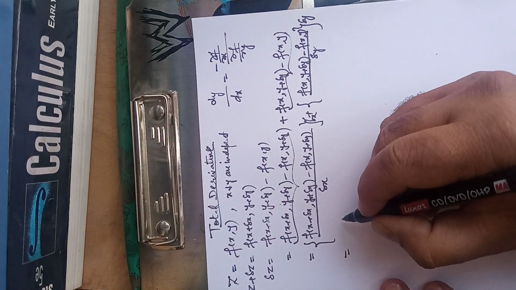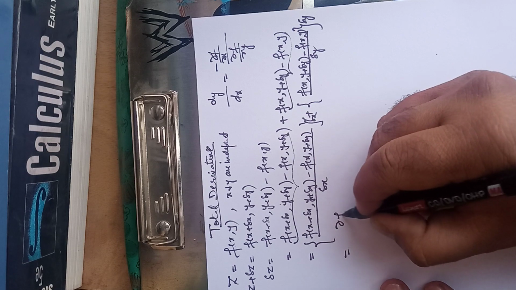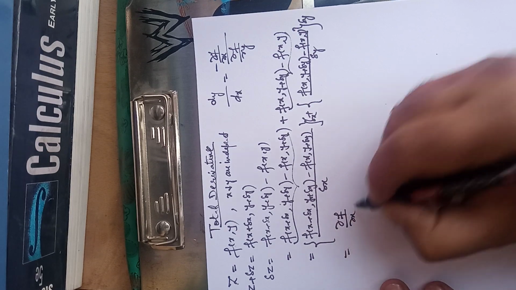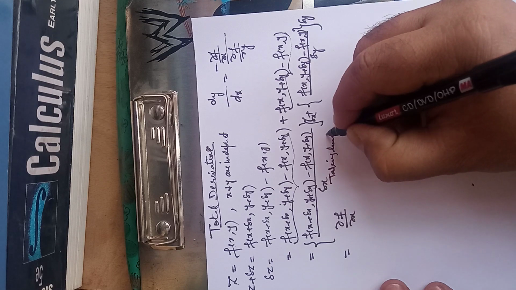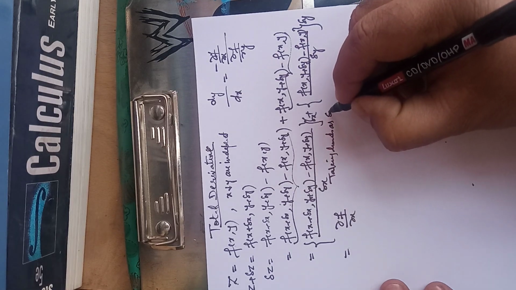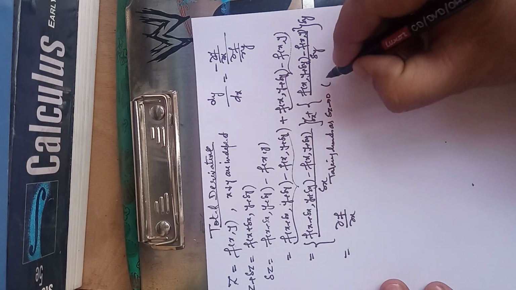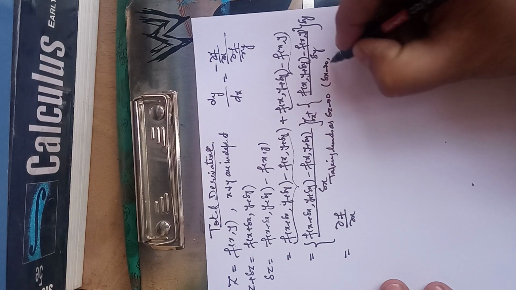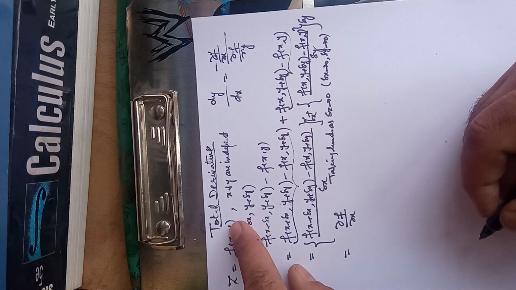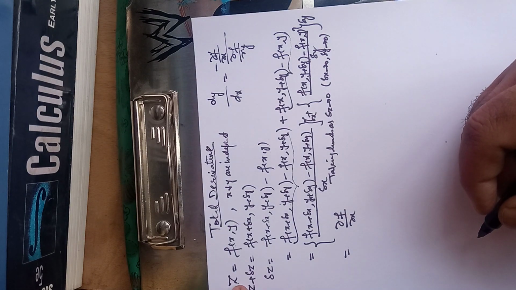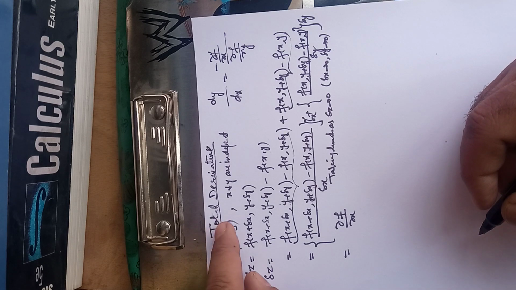So this is nothing but the partial derivative of f with respect to x, taking limits as delta z approaches 0. In that case, delta x will approach 0 and delta y will approach 0. Because z is a function of x and y, when you are giving increment to z, you are giving increment to delta x also and y also.